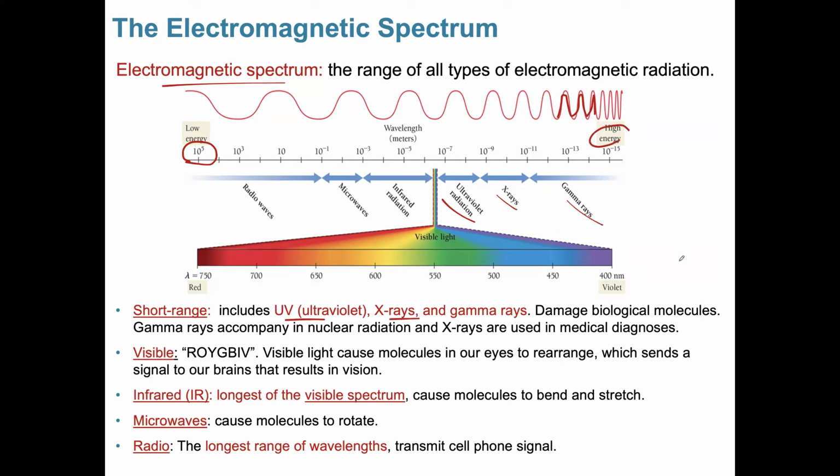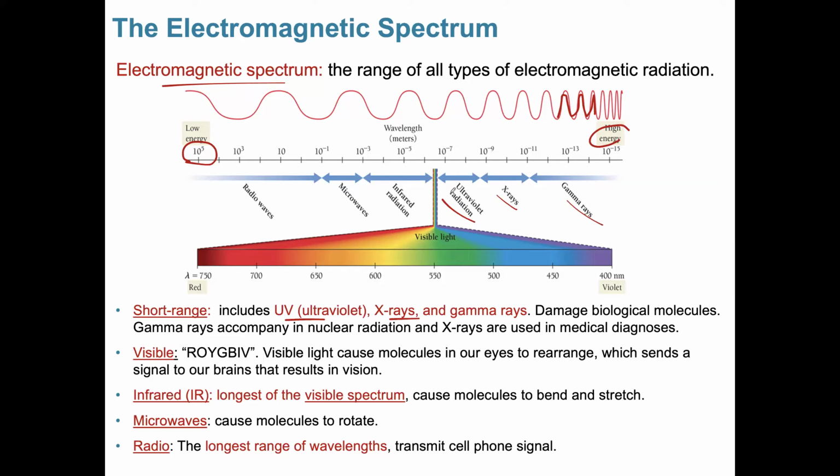Okay, so now they have enough energy to potentially damage biological molecules. Gamma rays usually accompany nuclear radiation, and X-rays are usually used in medical diagnosis. Because of their high energy, pregnant women or kids don't usually get X-rays.